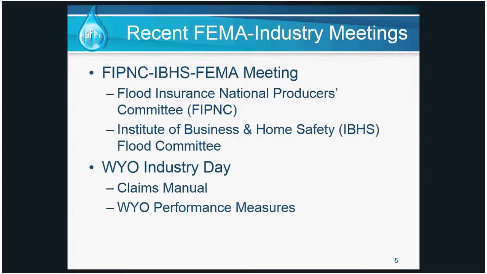One thing I'll just mention that I found out about just in the last few days is that there's also a study being done by the group called Resources for the Future. They're at rff.org, and they're an organization that has done a lot of study work for FEMA in the past.